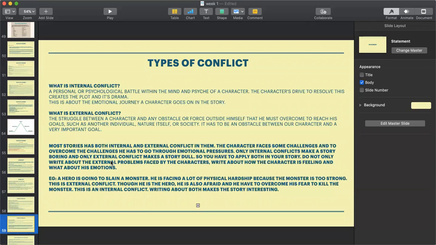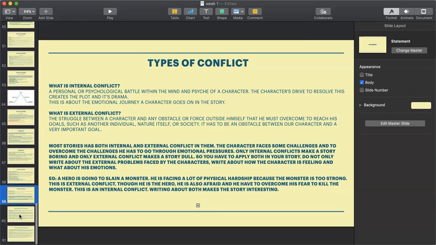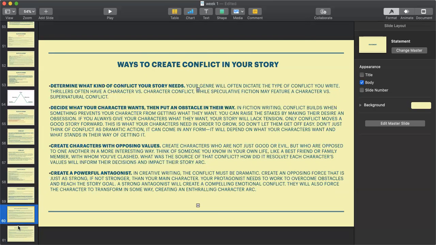But in all stories, you have to write about internal and external conflict in characters to make them more interesting, right? And there are different ways to create a conflict. We have studied this: determine what kind of conflict your story needs based on the genre and the kind of story you are writing.